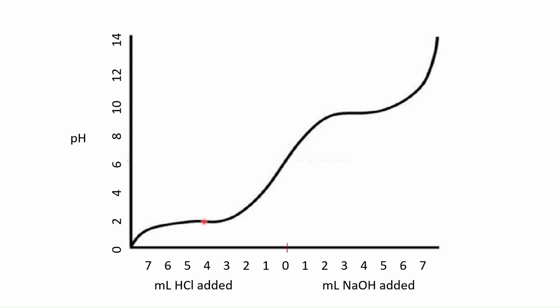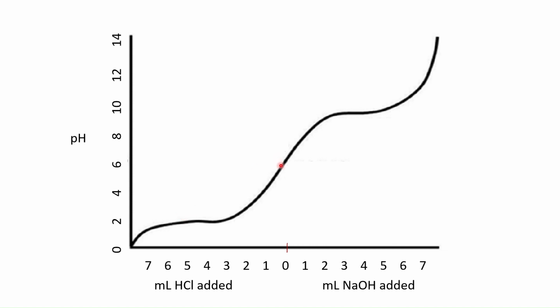Over here in the buffer zone, you would see a much less dramatic drop in pH. So if you add 1 or 2 even mLs of acid here, you don't see a big pH change. And this is because you have a mixture of both the protonated and the deprotonated form of your amino acid, and it is acting just like a buffer would, where you have the two different forms that can add and subtract protons as needed to buffer against changes in pH.